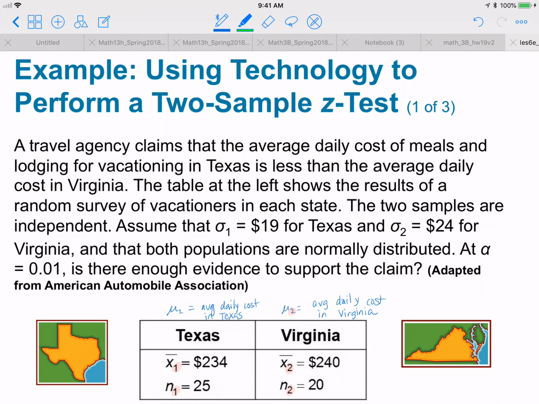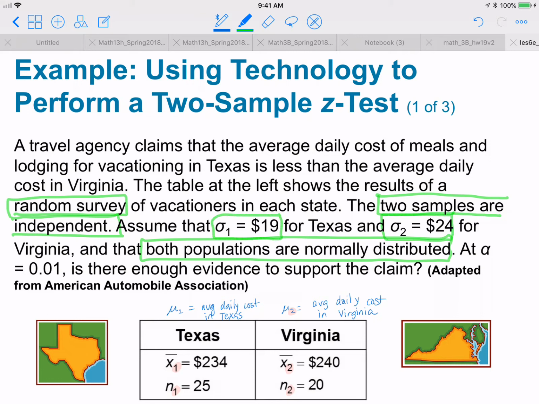Let's see here. Table left shows results of a random survey. So that's one thing. The two samples are independent. That's another thing. Both populations are normally distributed. That's another thing. And then the fourth thing is that sigma 1 and sigma 2 are known.